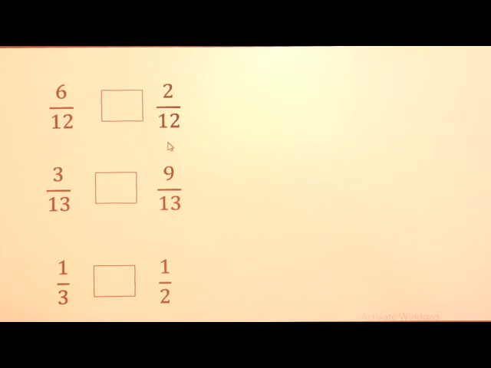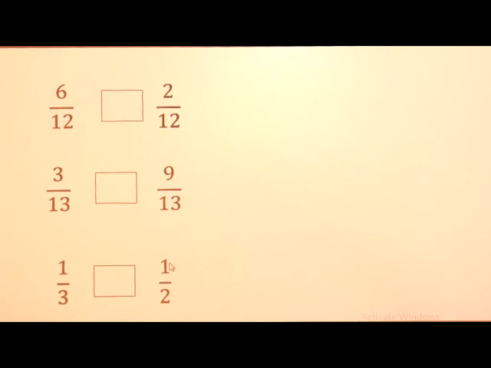But 1 upon 3 and 1 upon 2 are not like fractions, they are unlike, because the denominators 3 and 2 are different, but the numerators are the same.